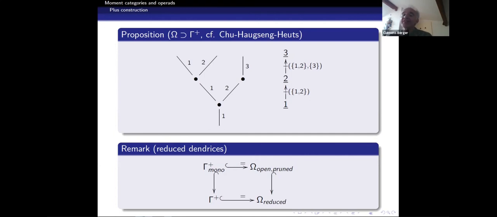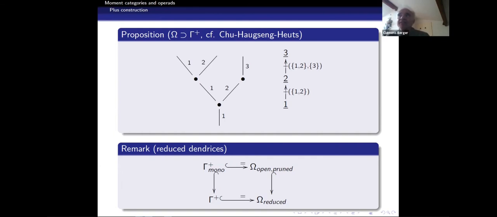So one, for instance, which I very much like to understand better is the relationship between the plus construction and the W construction. And there is certainly a relationship, and then there is a relationship between W construction and cobar, as you know. So there is not a big step to Koszul duality.